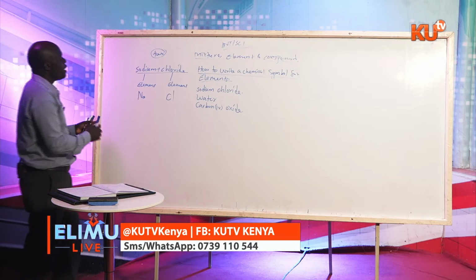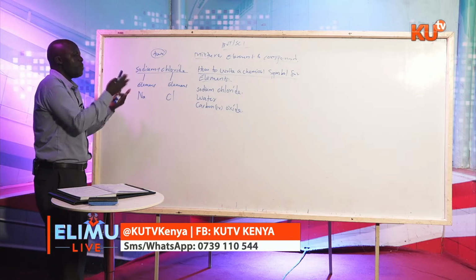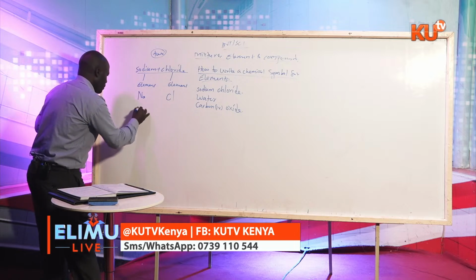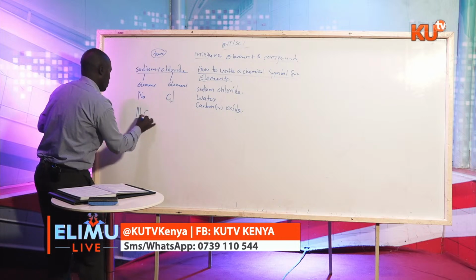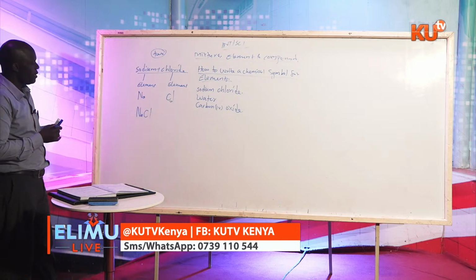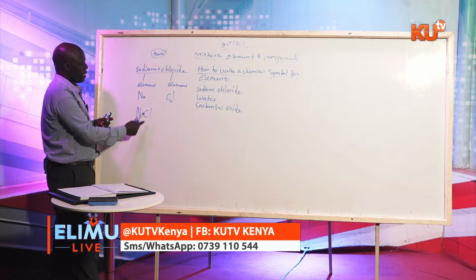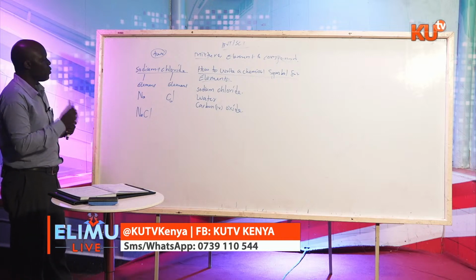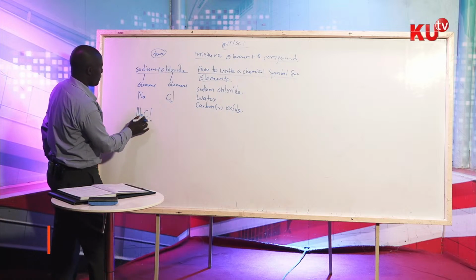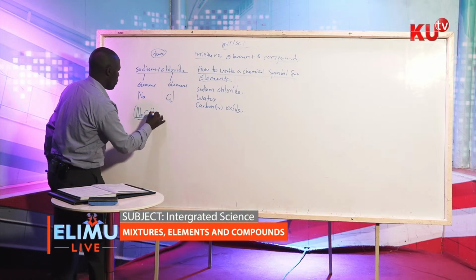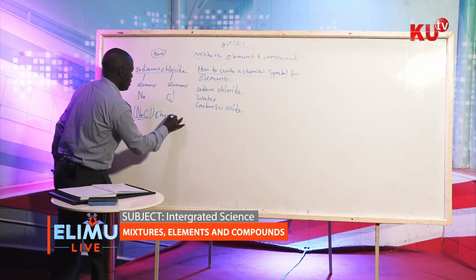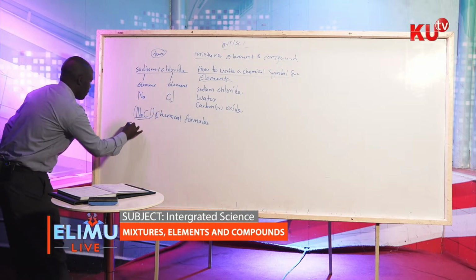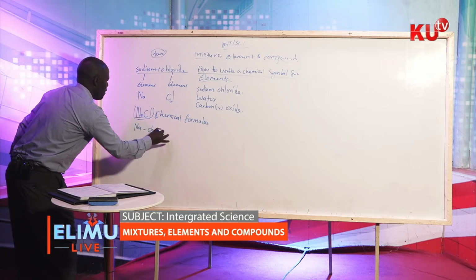The chemical formula will be derived from the individual elements which make up that compound. For example, we have sodium, then we come with the chlorine. But the rules still remain. We cannot start writing the chemical symbol for chlorine with a lowercase letter. So now we have sodium chloride. Now this one here is what we call the chemical formula. But when we have, for example, sodium alone, then this is a chemical symbol.